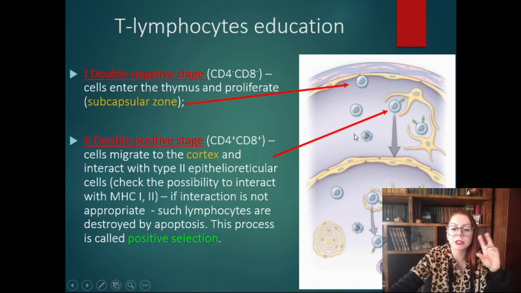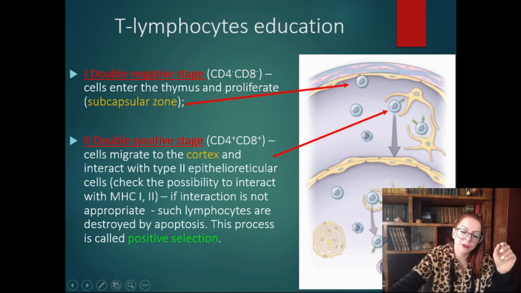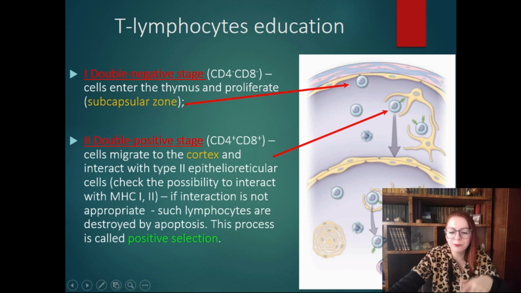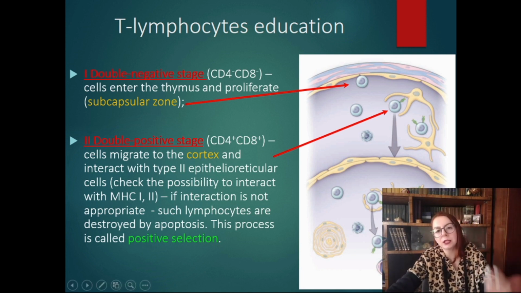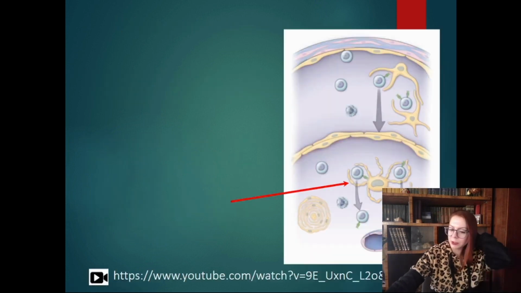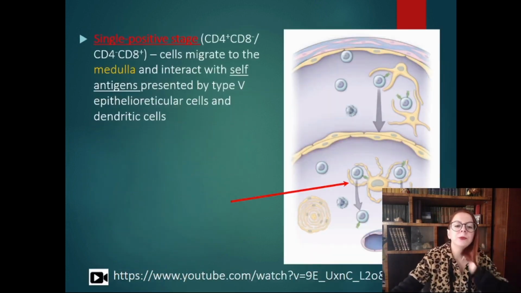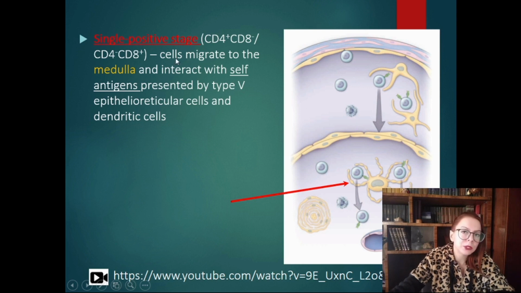That's why the cortex is more darkly stained than the medulla, because here we have many more T cells than in the medulla, because they are killed predominantly in the cortex, and only several of them descend to the medulla. So next, what happens in the medulla? The next step of T cell selection takes place. Here in the medulla, we have the single positive stage.